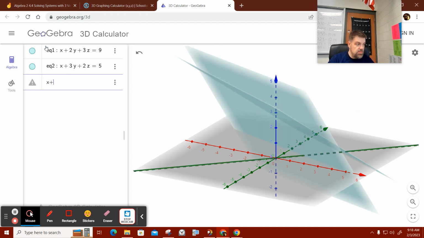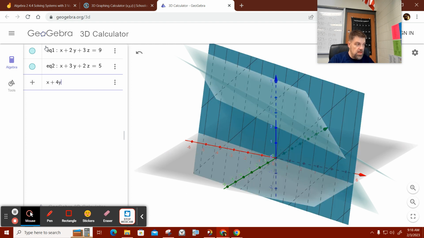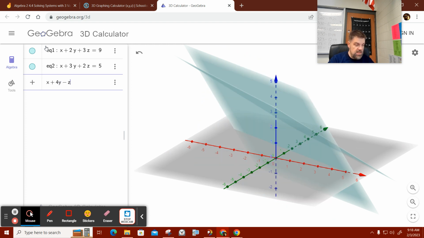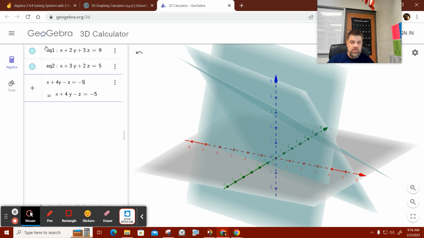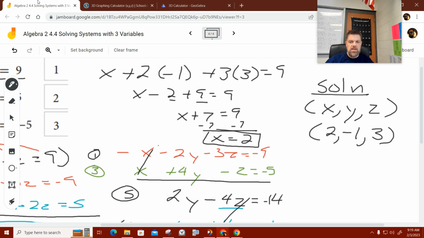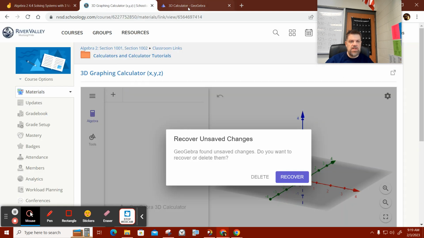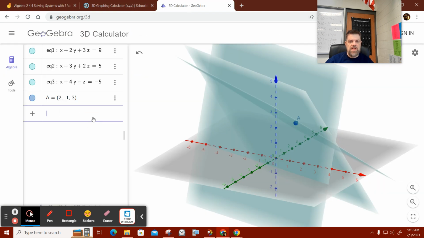Then I've got x plus 4y minus z equals -5. And then our solution, what was the solution again? It was 2, comma, -1, comma, 3. Is that right? Let me double check. 2, comma, -1, comma, 3. All right. So that's what we got.